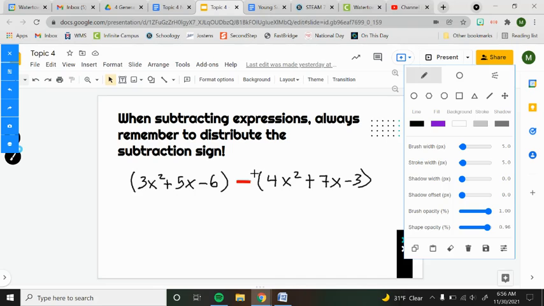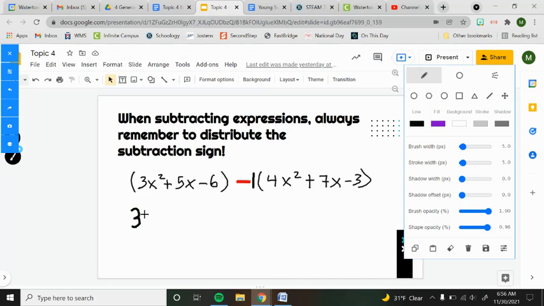The subtraction sign basically is like having an invisible -1 here, and you're going to need to distribute that -1 to everything after it. So the expression up front, whatever's in front of the subtraction sign, you're just going to keep that the same.